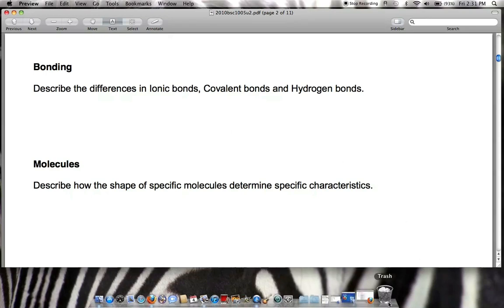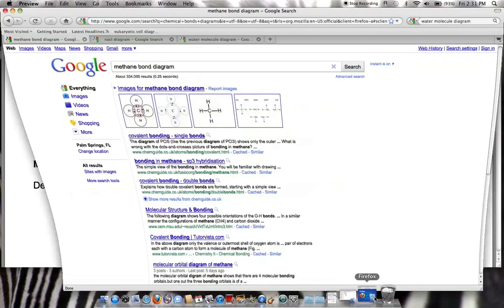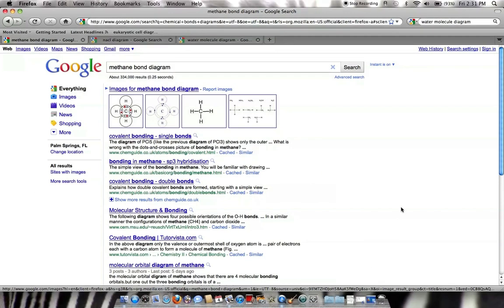So what I've done, as in previous mini lectures, is gone ahead and done some Google searches. And this first search, I was looking for covalent bonding.